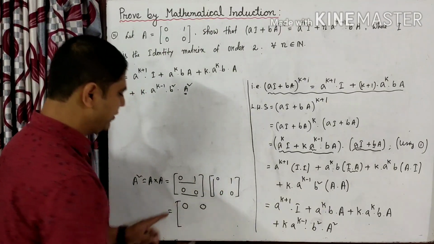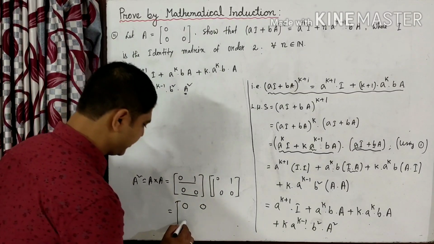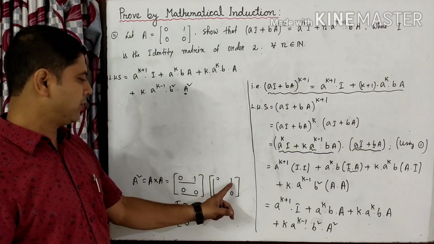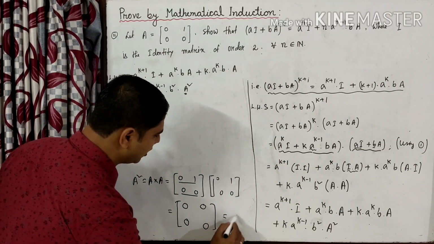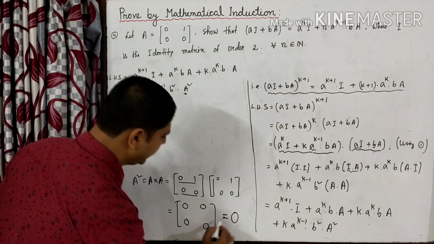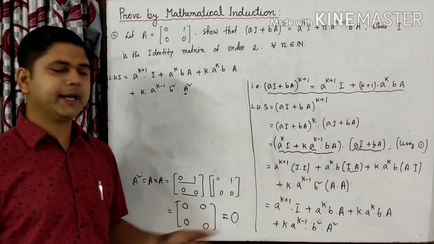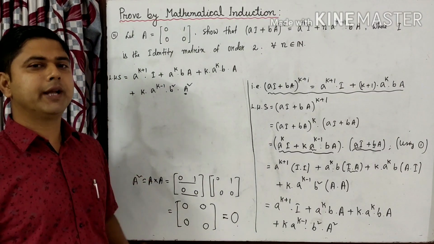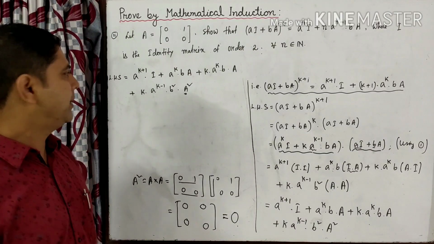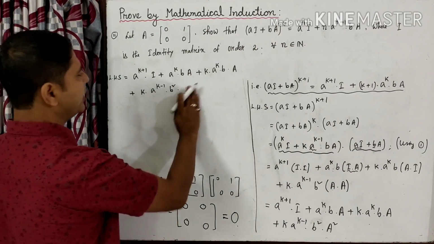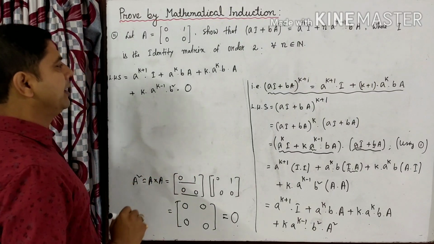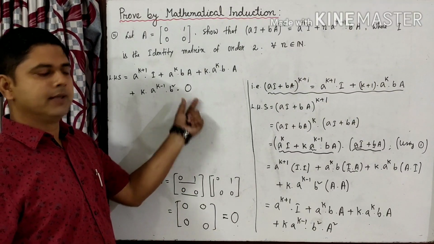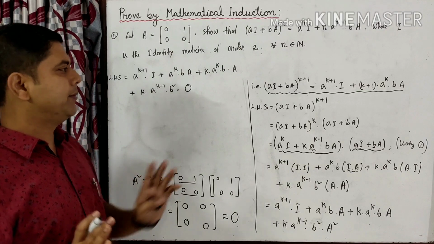Next, second row multiply with first column: 0 into 0, 0 into 0, so definitely this part is 0. 0 into 1, 0 into 0, this one also 0. Now the value of A square must be a null matrix. So in place of A square, this one is a null matrix.